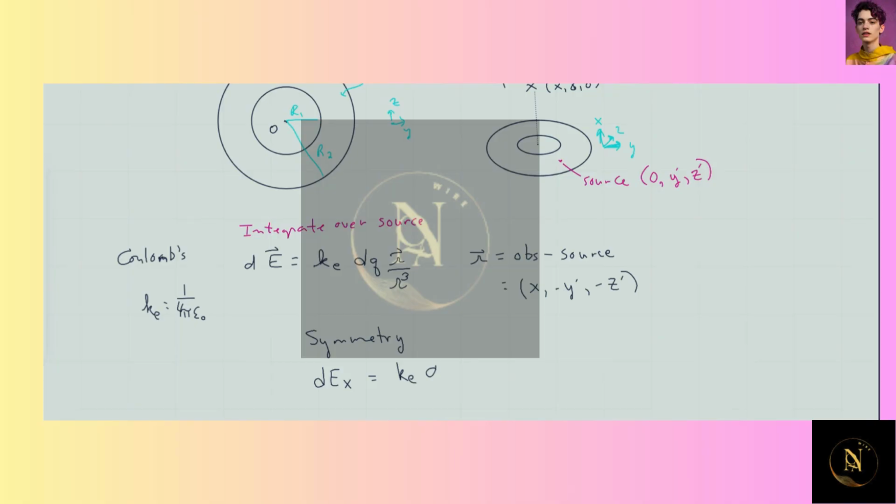And we can write that down as x, which is the observation point. And then the magnitude of curly R is just the sum of the components squared. Furthermore, I'm going to use the symmetry to simplify the plane.